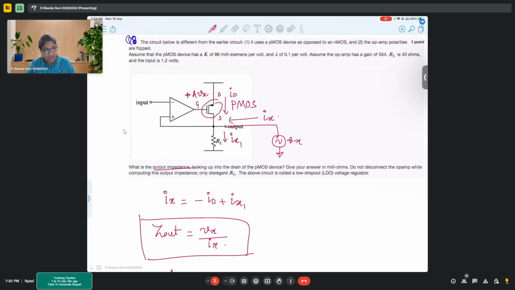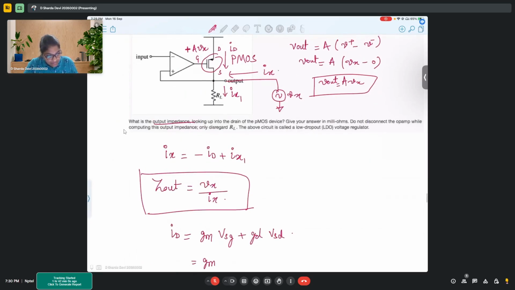So V out is A into V plus minus V minus. So here V out is A Vx minus C. So that's why V out would become A times Vx.